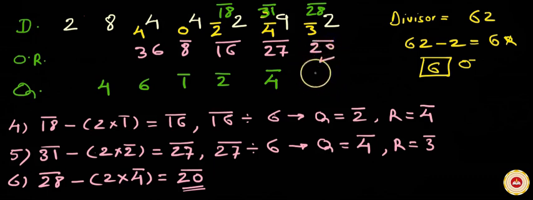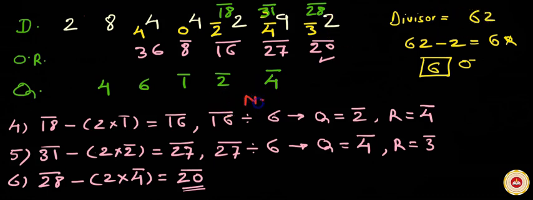This minus 20 is not the divisor itself and is not a multiple of the divisor. It means that the given number 28 lakhs 44,292 is not divisible by the given divisor 62.